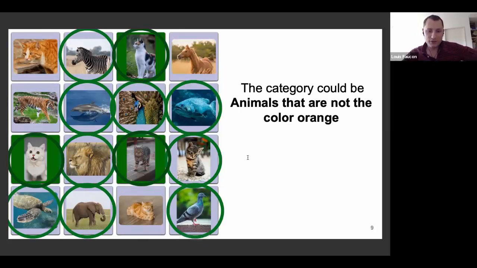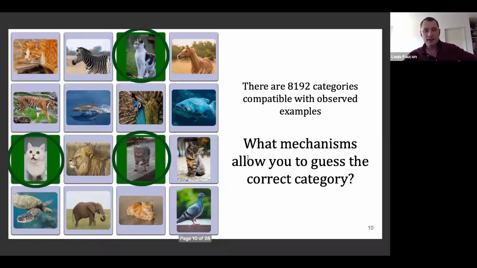And even for some very weird categories, like the animals that are not the color orange, this is a category that was compatible with the examples I've shown. So this is a question that was quite fascinating for me: given that there are more than 8,000 possible categories that are compatible with the examples that I, as the teacher, have selected, what mechanism allowed you to correctly guess the category I intended?